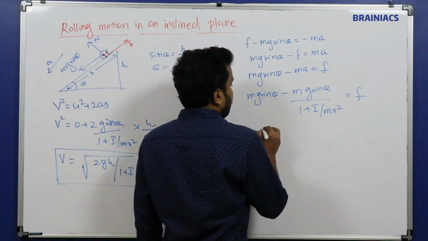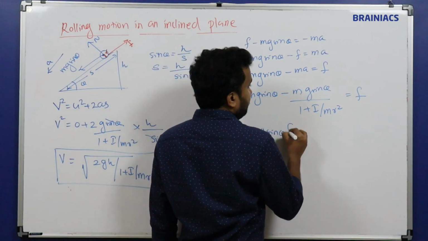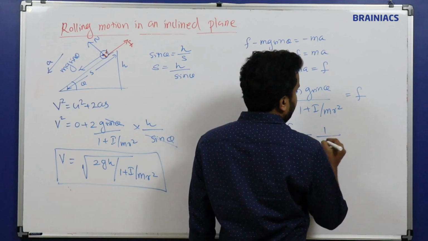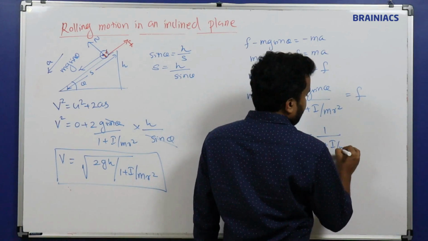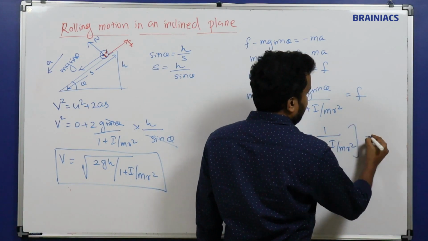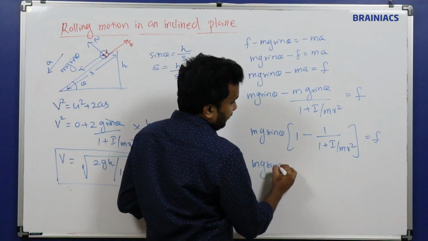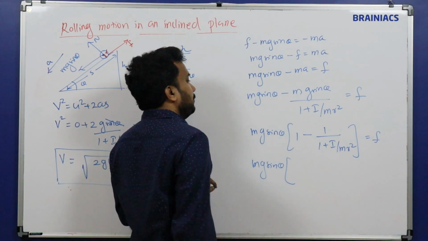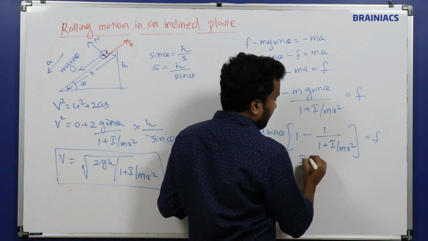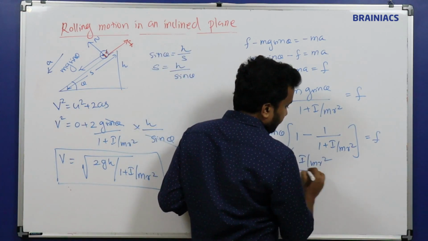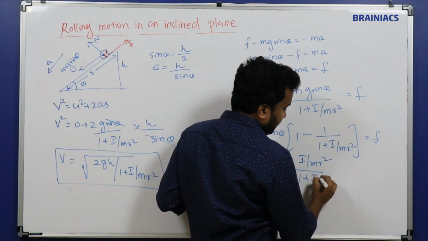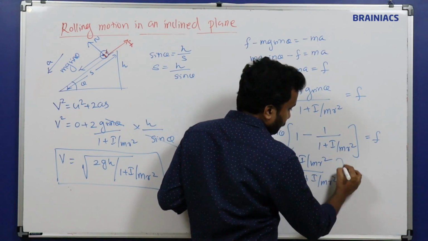We'll take it outside. Mg sin theta into 1 minus 1 divided by 1 plus I by mr square is equal to F. This is simplified: mg sin theta into 1 plus I by mr square minus 1, so I by mr square divided by 1 plus I by mr square.